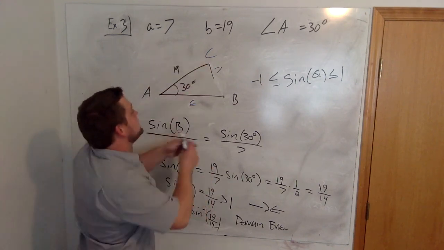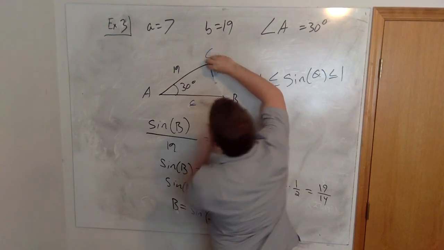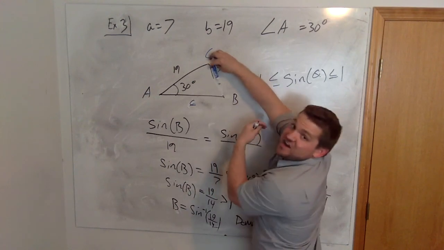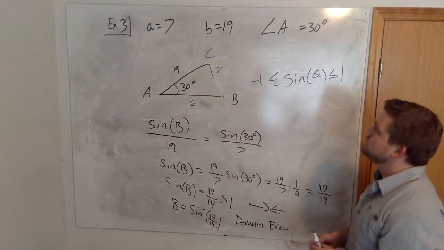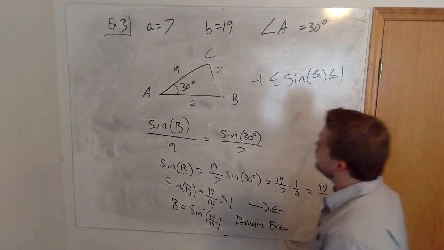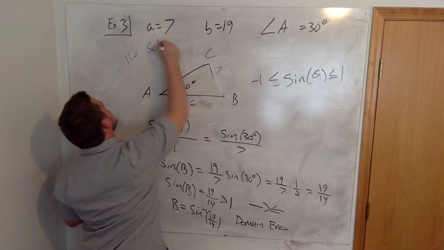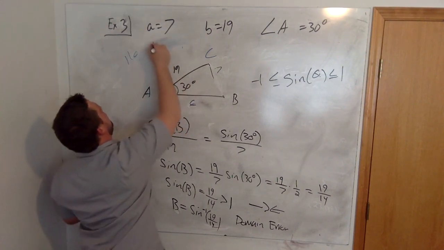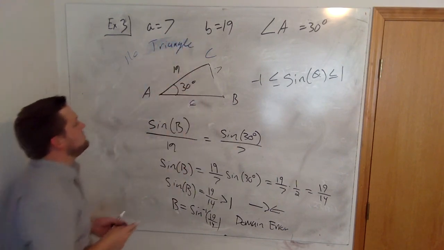It's just dangling here, and it's not long enough to connect. So I'm not going to get any triangle here that works. This is an impossible triangle. Rather than no solution, we should say no triangle. So there is no triangle that meets this condition.